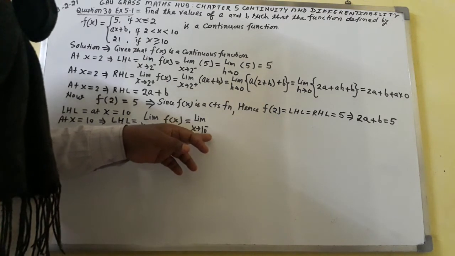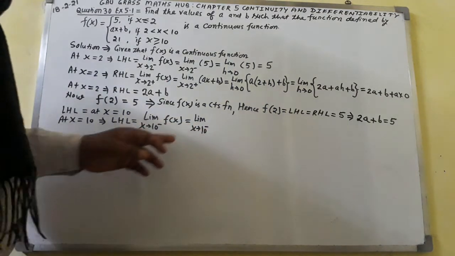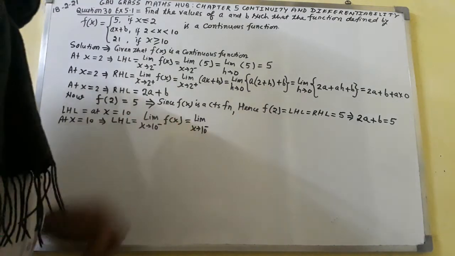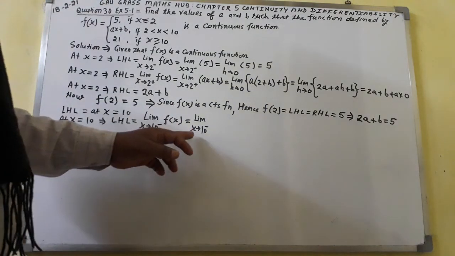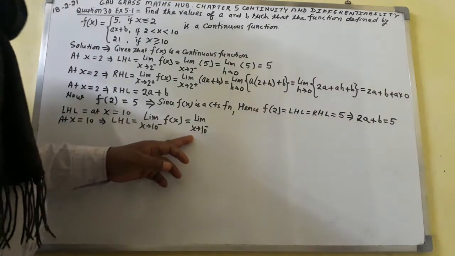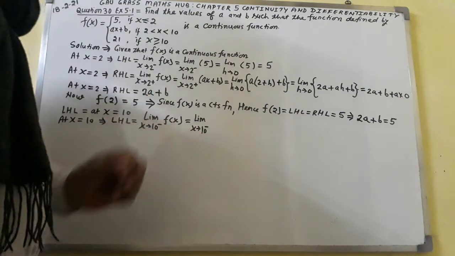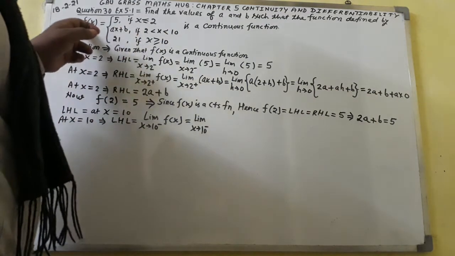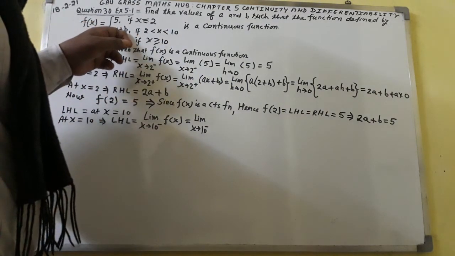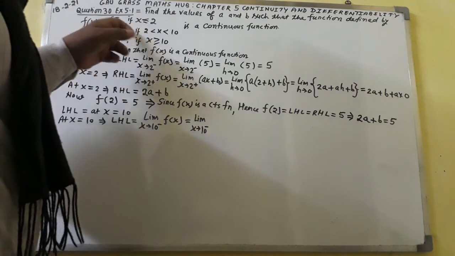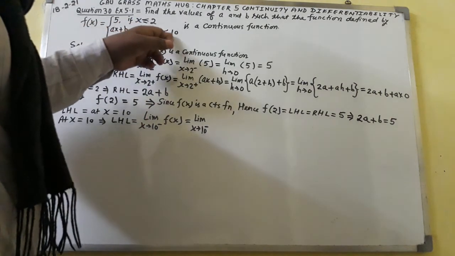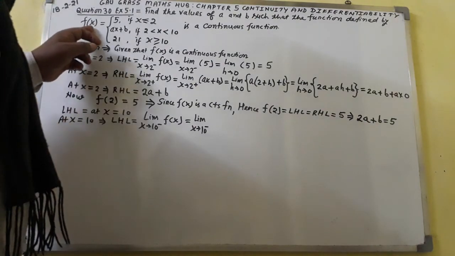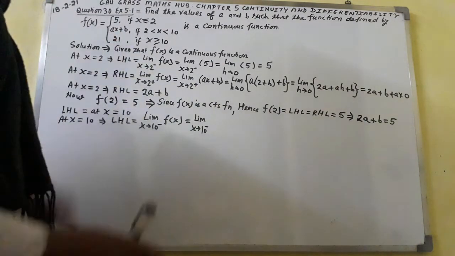This means that the value of x must be less than 10. We have to find the function in which the value of x is less than 10. You can see the second function, f of x equal to ax plus b, is the function in which the value of x is less than 10. So in place of f of x, I shall write ax plus b.